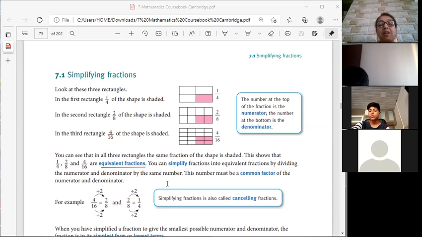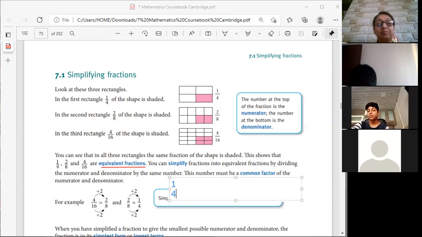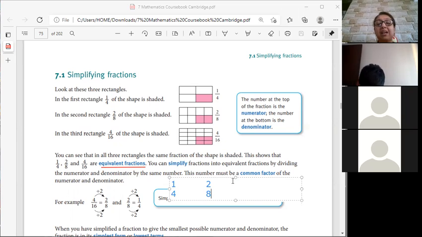Now, for example, what have they given us? 1/4. Am I right? The next fraction that they are talking about is 2/8. And the third fraction is 4/16.